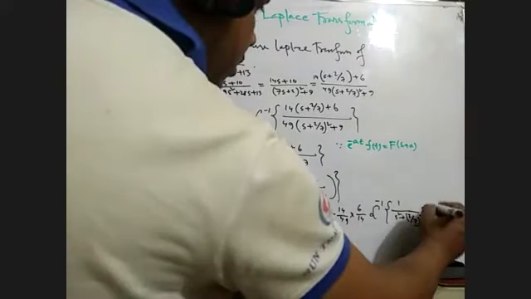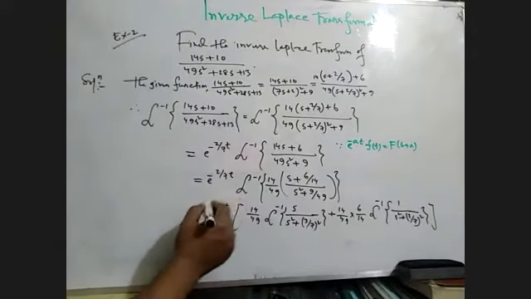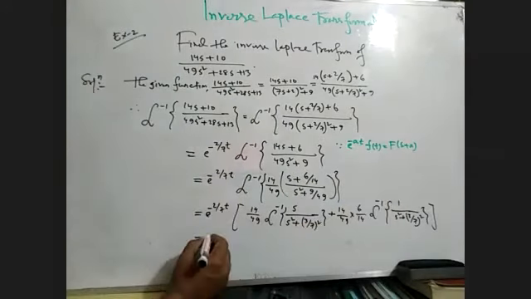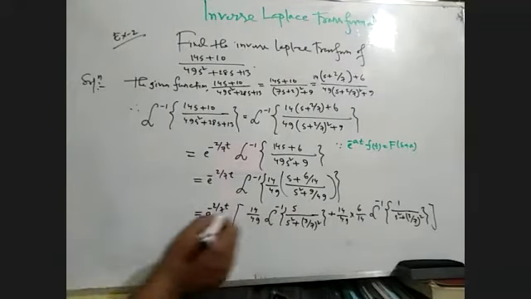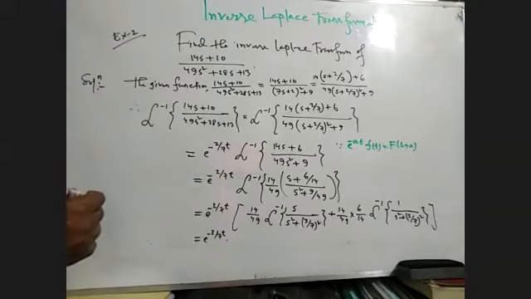This is the third bracket, because e to the power minus 2 by 7t is multiplied to the whole. This is the inverse transformation formula.